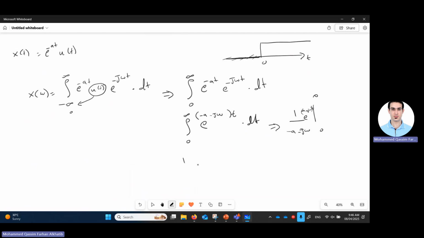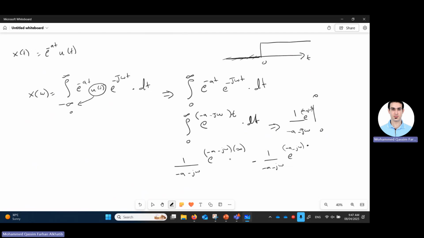The first one will be 1 over negative a minus j omega times e to the power negative a minus j omega times infinity, and minus 1 over negative a minus j omega times e to the power negative a minus j omega times 0, right?